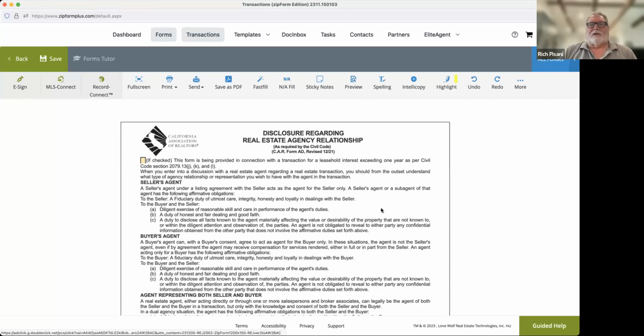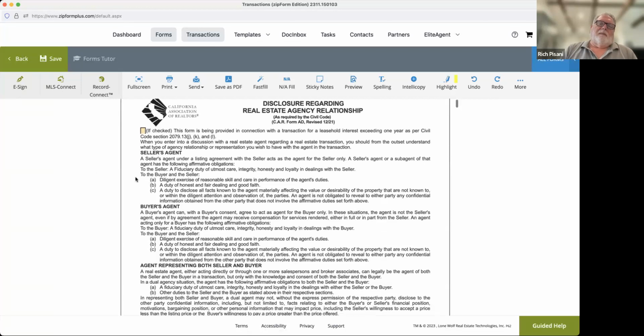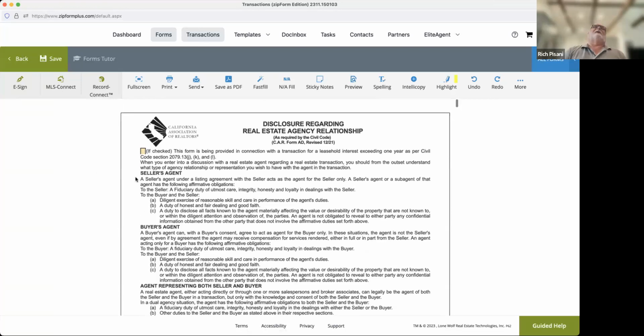All right. So what you should be seeing is the RPA is bundled with a whole bunch of other forms automatically. The very first form is always going to be your agency disclosure regarding agency relationship. I usually don't go through the other forms, but I wanted to go through them really quickly because they're referred to in the RPA and it's easier to see them and then relate them to the RPA.